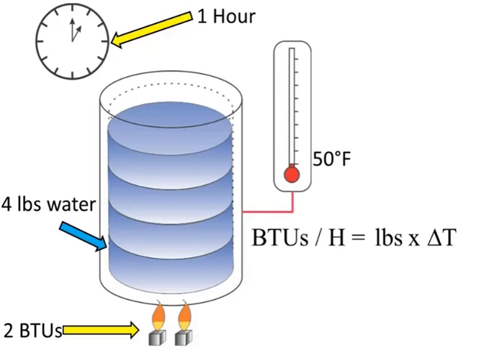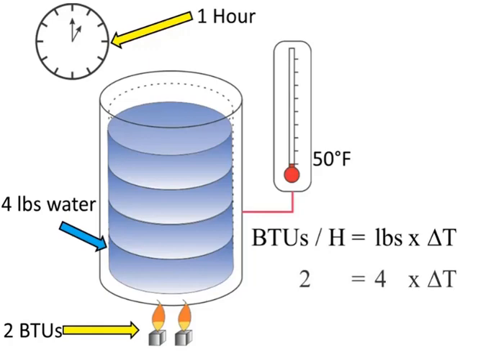One more time, let's double the amount of heat and the amount of water. Here is 2 BTUs that are applied to 4 pounds of water. Initially, the water temperature is at 50 degrees Fahrenheit. During 1 hour, how many degrees will the water temperature increase?